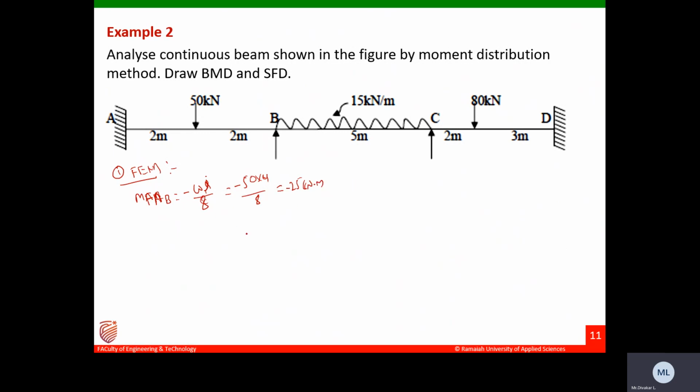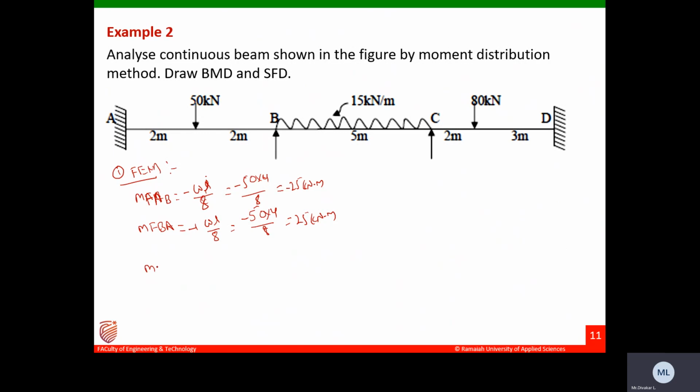Similarly, calculate MF of BA. MF of BA equals plus WL by 8, which is 50 into 4 divided by 8, so plus 25 kilonewton meters.